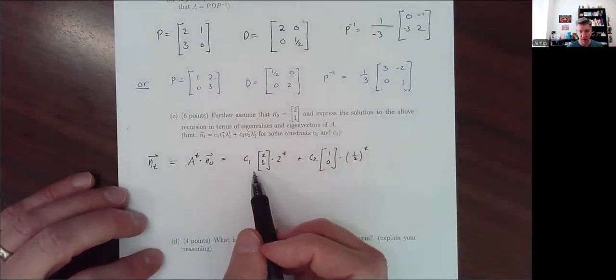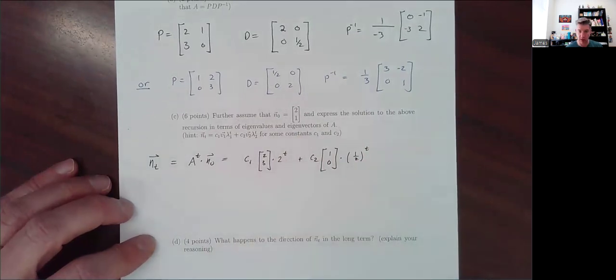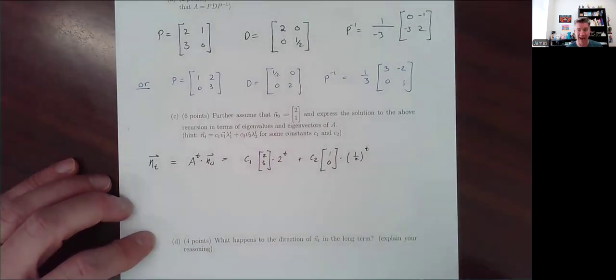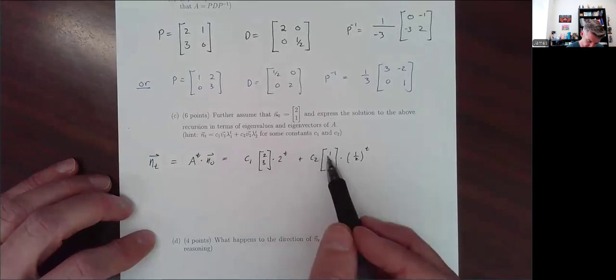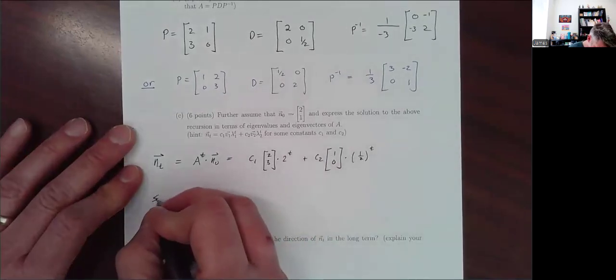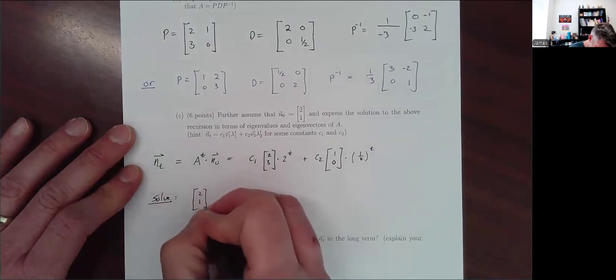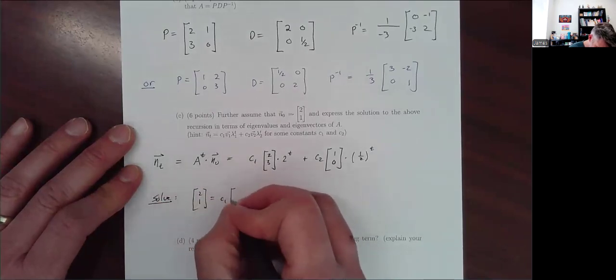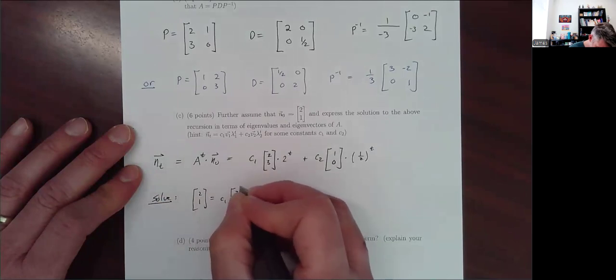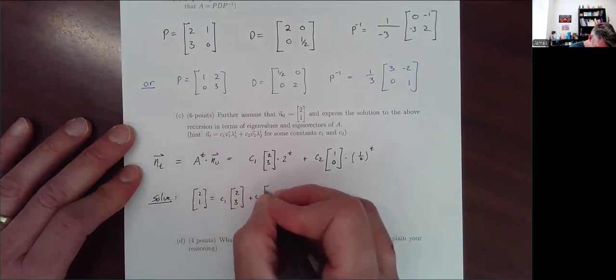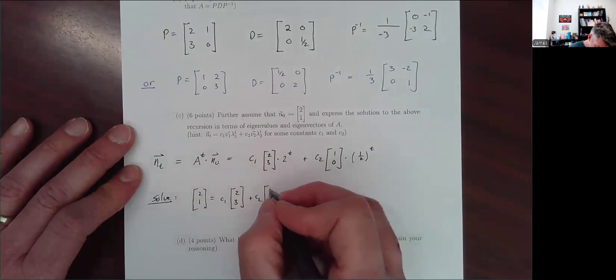The thing though that we have to do here is we actually have to find what C1 and C2 are. When we do that, we express this initial vector as a linear combination of these two vectors. So we have to solve 2, 1 equal to C1 times 2, 3 plus C2 times 1, 0.